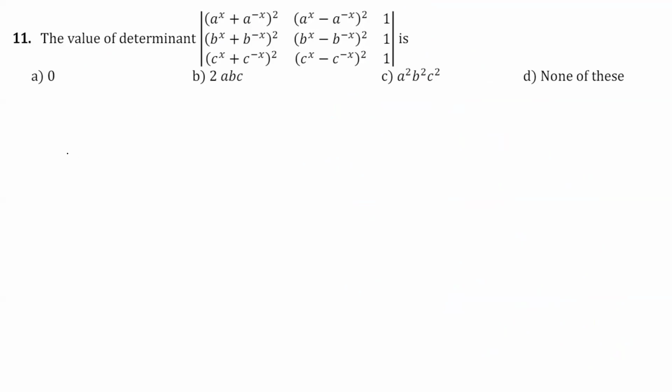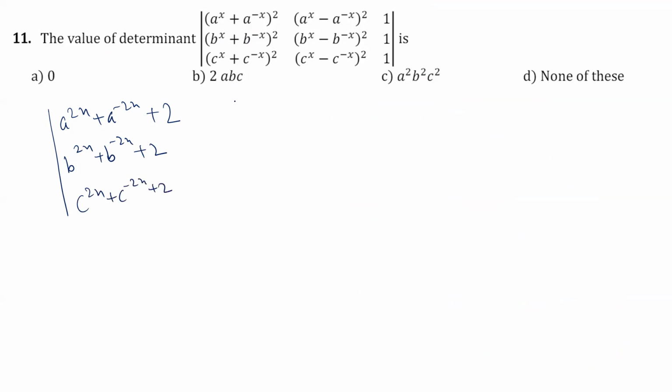So here you can expand the first row, that will be a power 2x plus a power minus 2x plus 2, because a power x times a power minus x will become 1 only. And here also b power 2x plus b power minus 2x plus 2, c power 2x plus c power minus 2x plus 2.